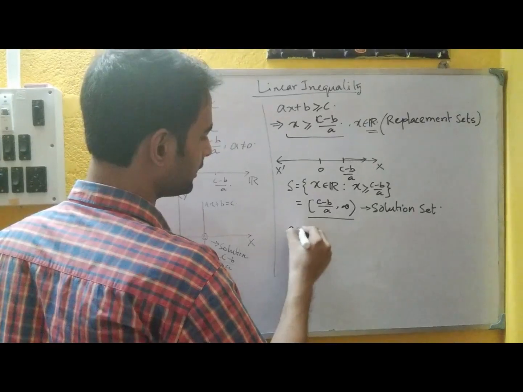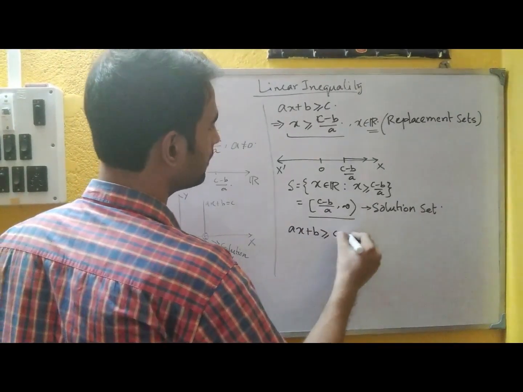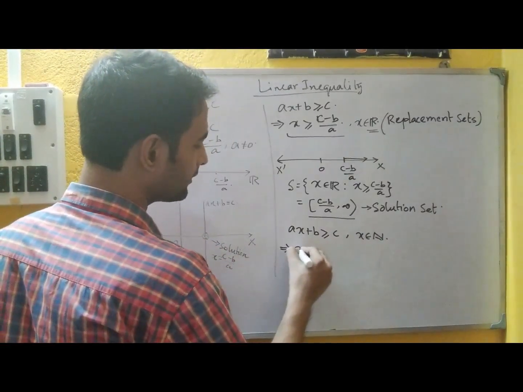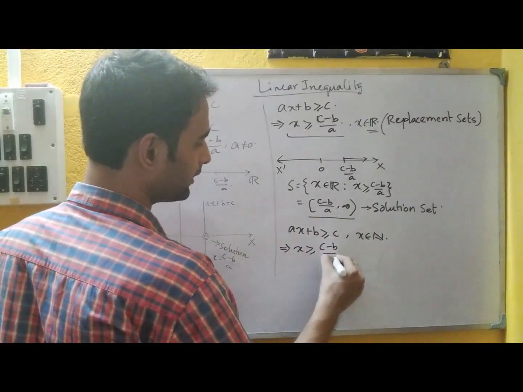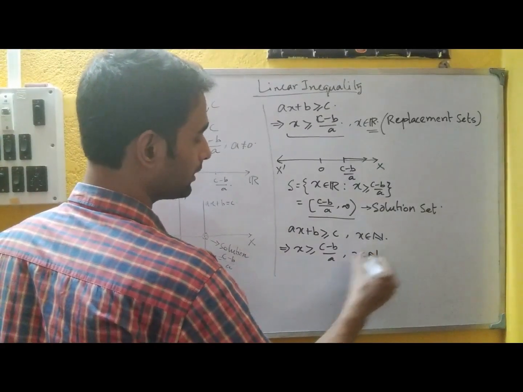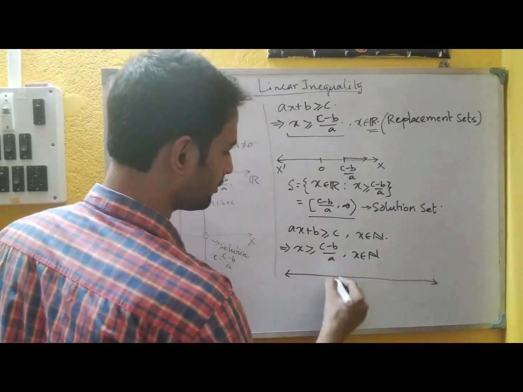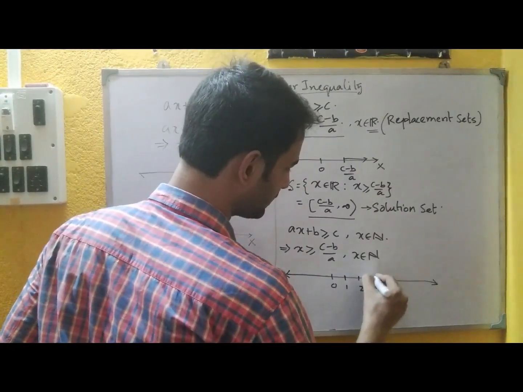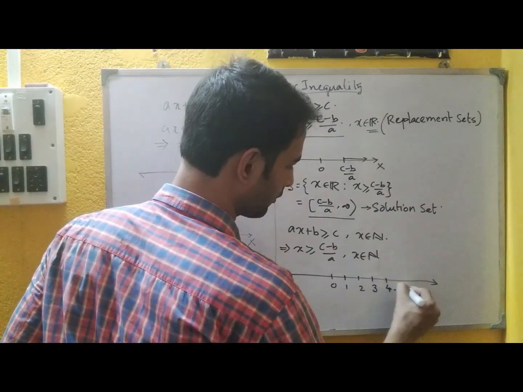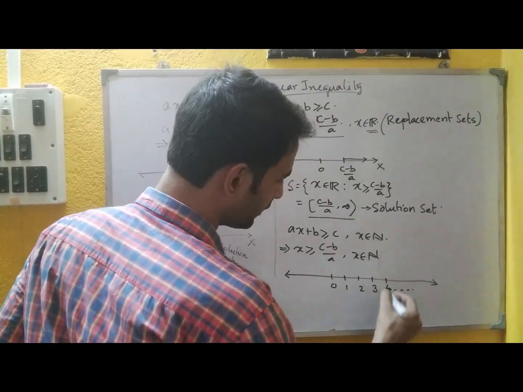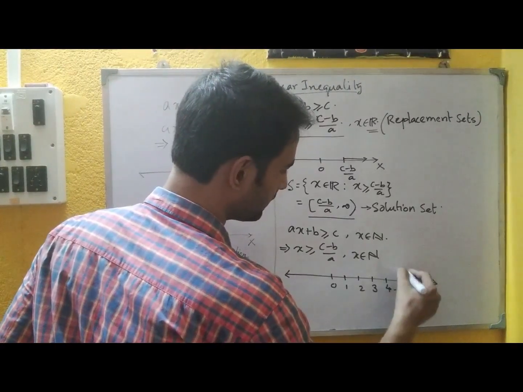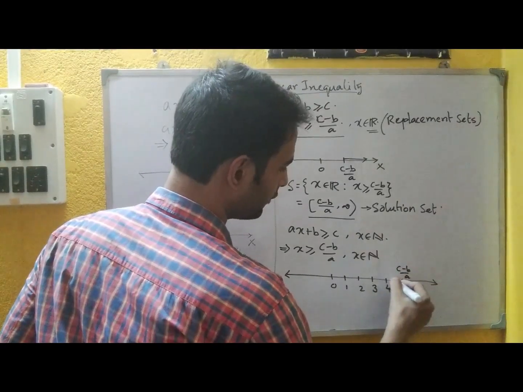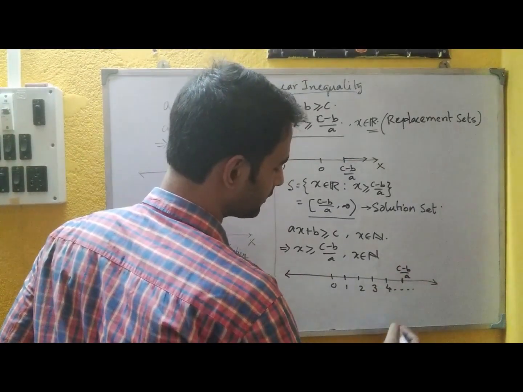So if this inequation was given for natural numbers, then we will get the solution as x greater than or equal to c minus b by a, where x belongs to natural numbers. Then in the real line, we should express this solution as points like 1, 2, 3, 4 and so on. So suppose somehow we get the point c minus b by a somewhere here at this point.